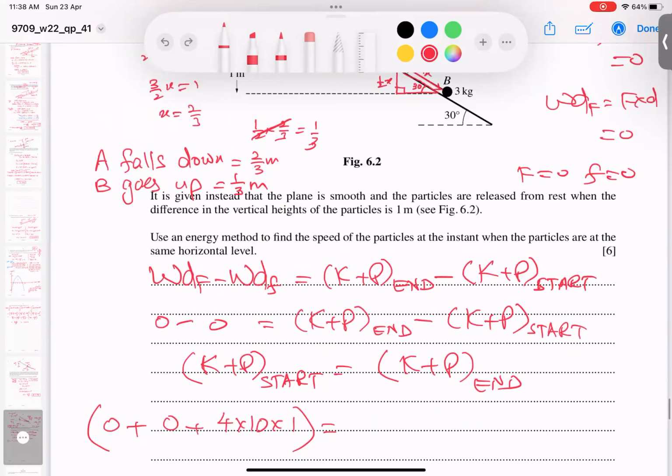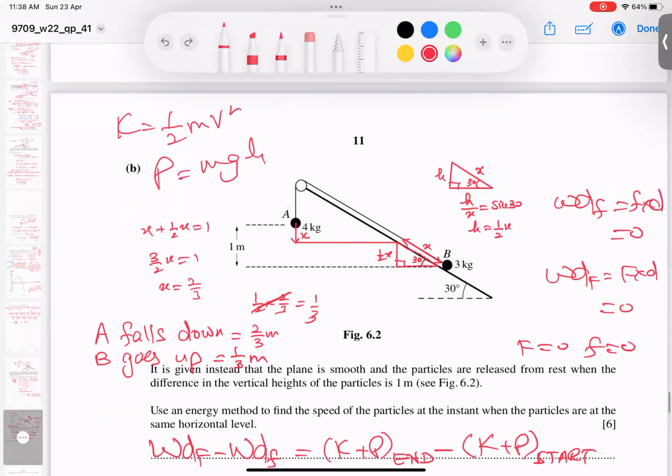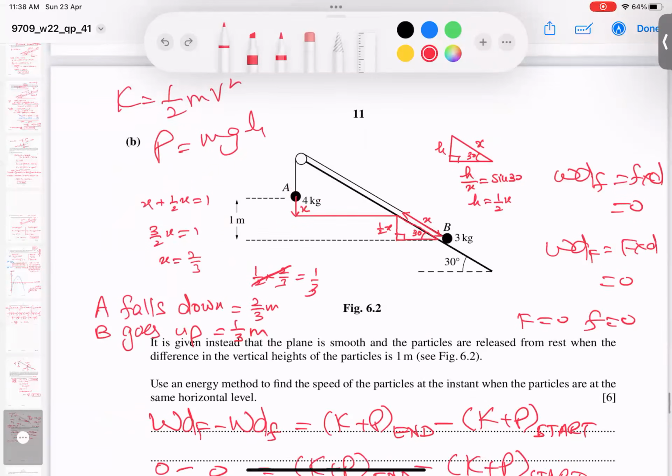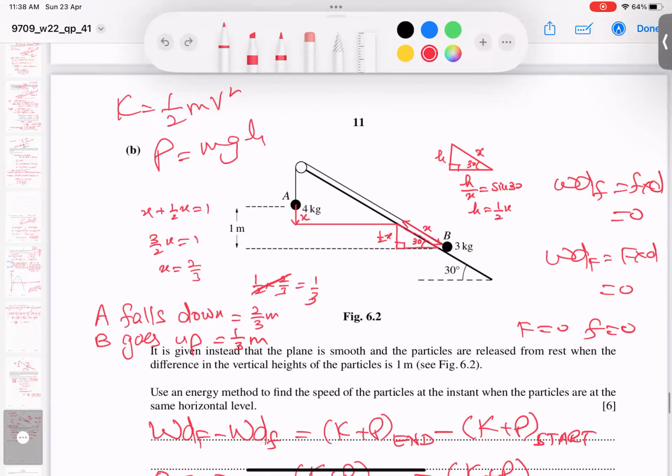Now let's start at the end. When the particles satisfy the current situation, they have the same horizontal level. What is the speed at that kinetic energy? So first of all, let's talk about the A particle. When it travels X meter, what is the speed? I don't know. I use half mv square, V unknown, and mass 4.